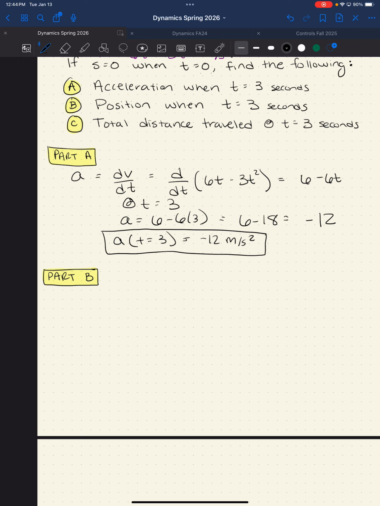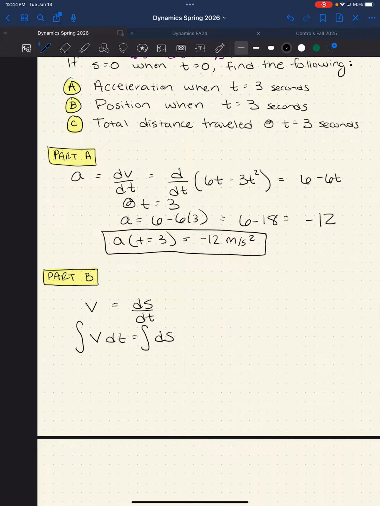Very good. So I'm going to write down the relationship that I know. I know that velocity is equal to ds dt. And I'm going to do separation of variables. So I'm going to move this dt over to the left-hand side. I'll have v dt equals ds. And now all I need to do is throw in my integrals and my bounds of integration.